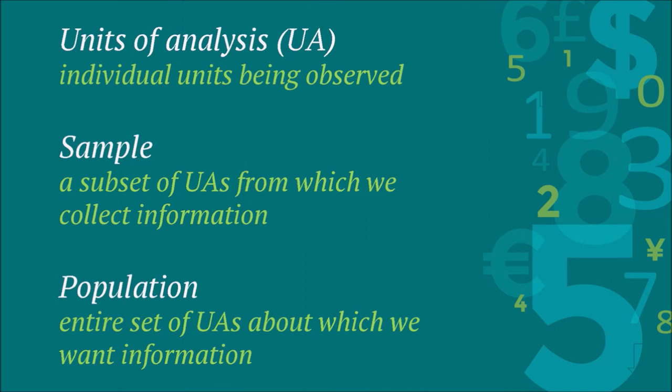If you say that you're studying people with depression in the United States, then you don't want to study all humans. You just want to describe people with depression in the United States. And so that would be your population. So there's a potentially infinite number of populations within the human world population, right? And so this is important to realize. A population is the entire set of units of analysis about which we are attempting to gain information and make generalizations.